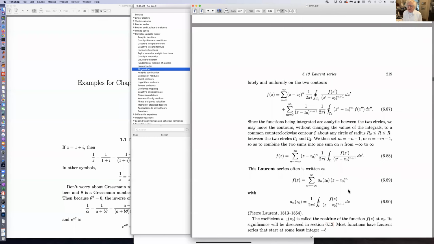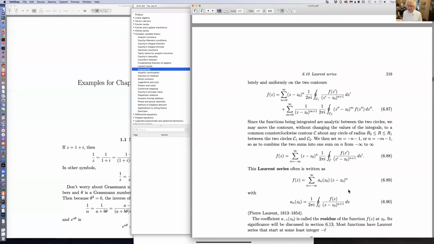A function that's analytic for all z is entire. A function has an isolated singularity if it's analytic in a disk around z0 but not at z0. A pole of order n is a function such that z minus z0 to the n times f of z is analytic at z0, but if you use one fewer factor, you get an isolated singularity.